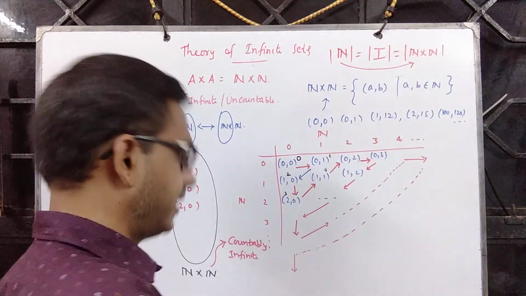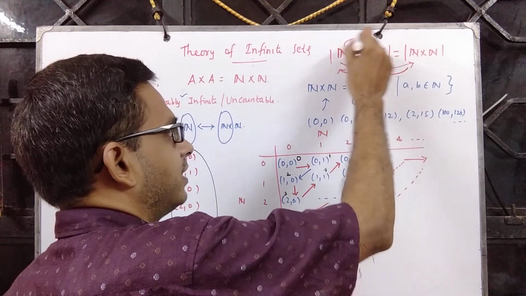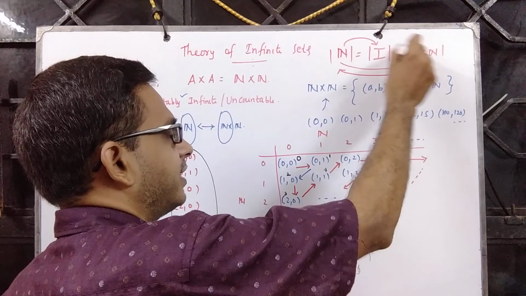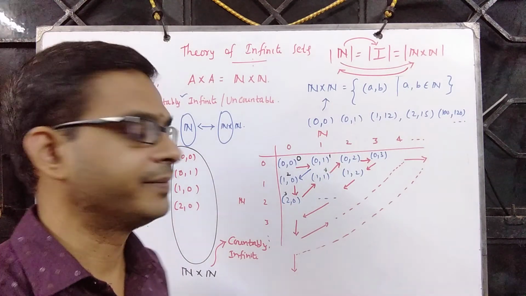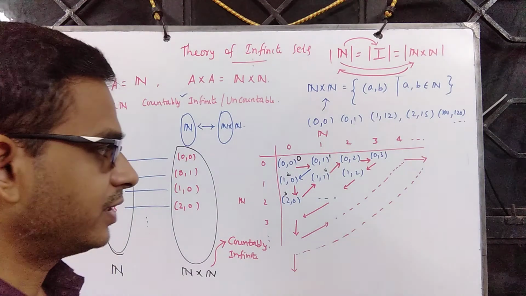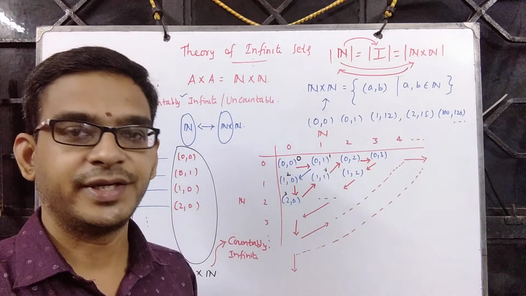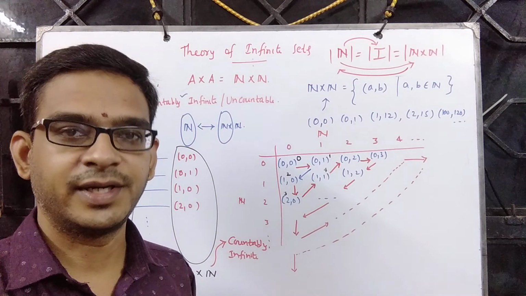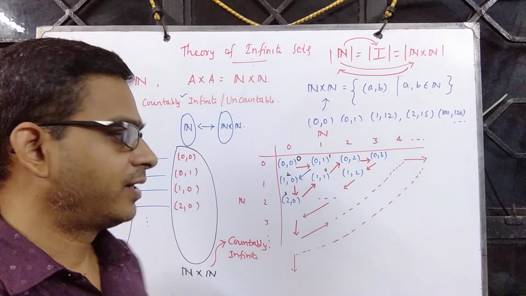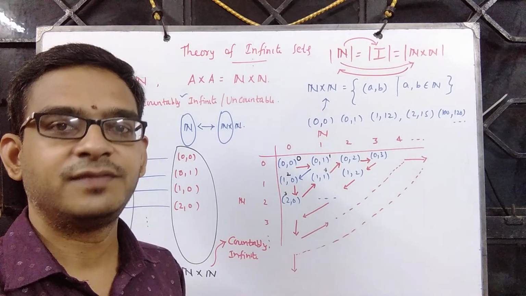So you get to see that there exists a bijection from I to n cross n or n cross n to I. So such comparisons are possible among countably infinite sets. In fact, all of them are of same cardinality. And many interesting sets like this we shall discuss next.